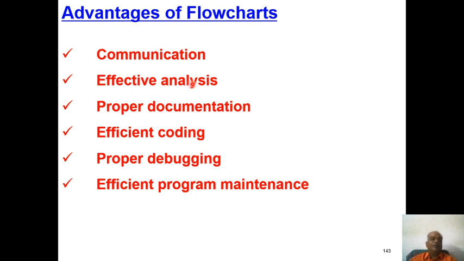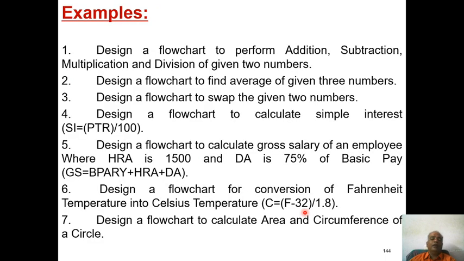By seeing it we can make effective analysis. It represents all the specifications in a simple way. By observing it we can write code easily. For debugging, we can easily identify where the logic has a mistake. This leads to efficient program maintenance.